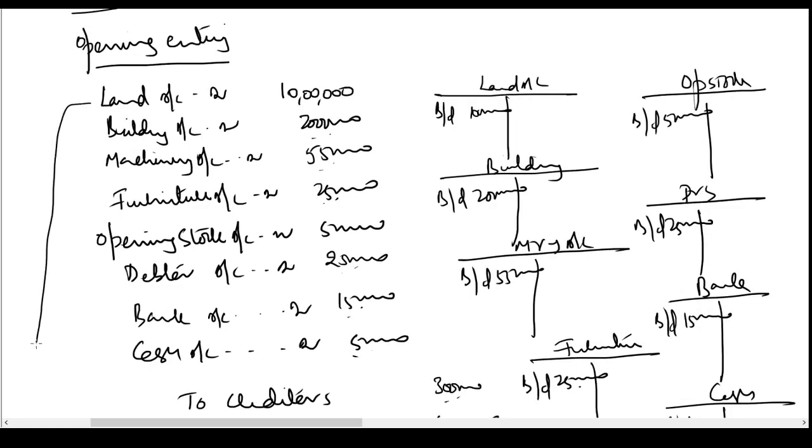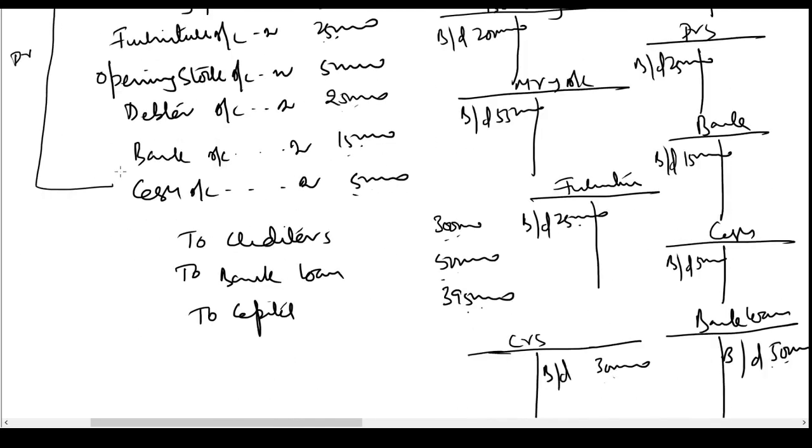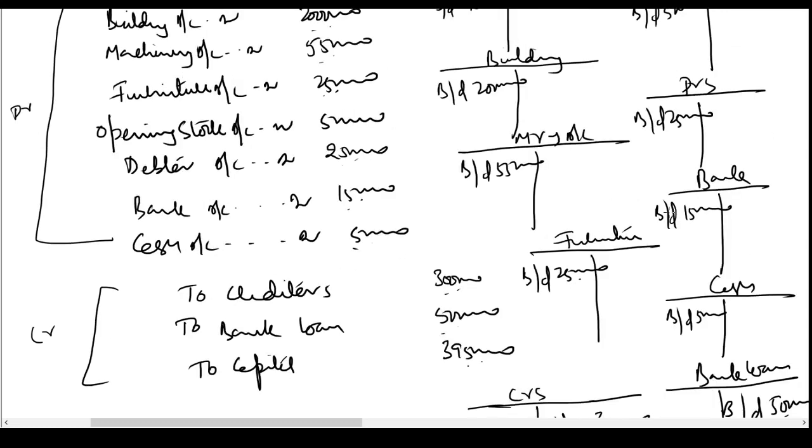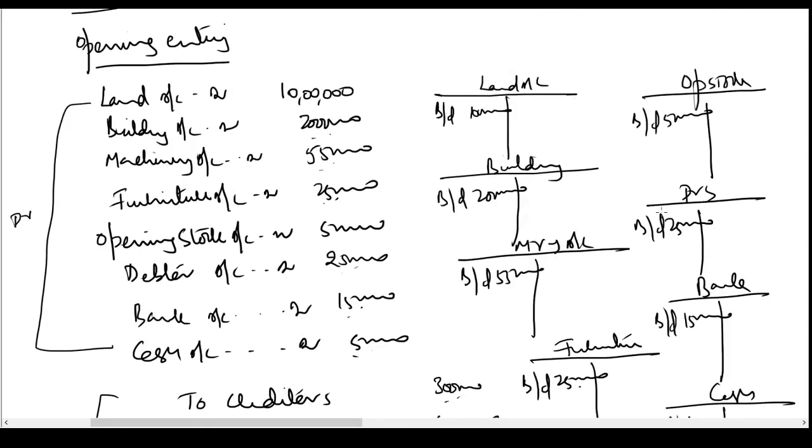These accounts showed debit balance in the last year, they will also continue to show debit balance this year. These accounts showed credit balance in the last year's books, so they will continue to show credit balance in the next year's books also. Once we have opened the ledgers in the books of accounts of the next year, these ledgers can be used for recording and posting of the transactions for the next year.